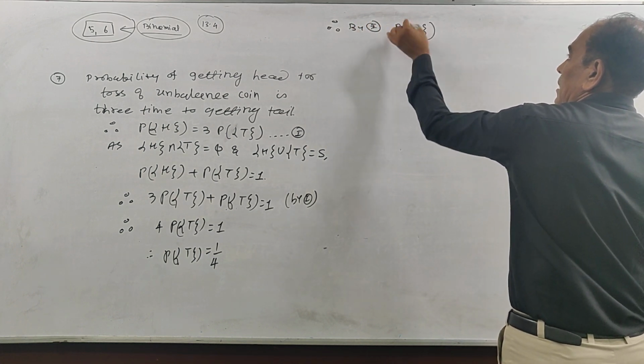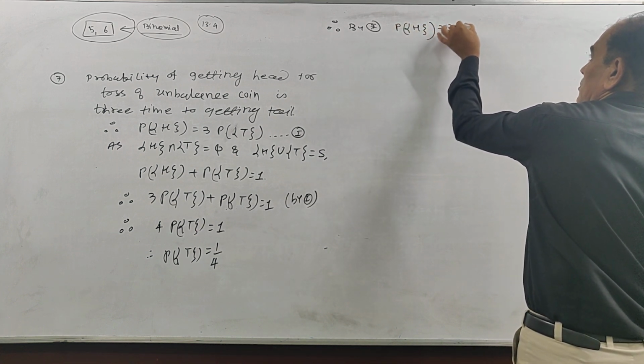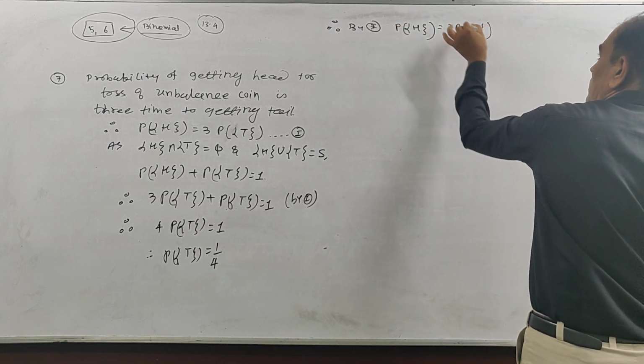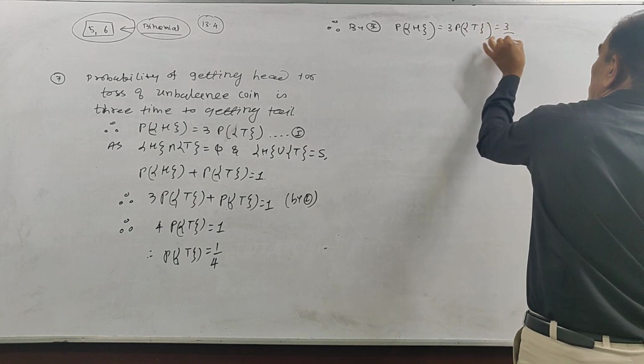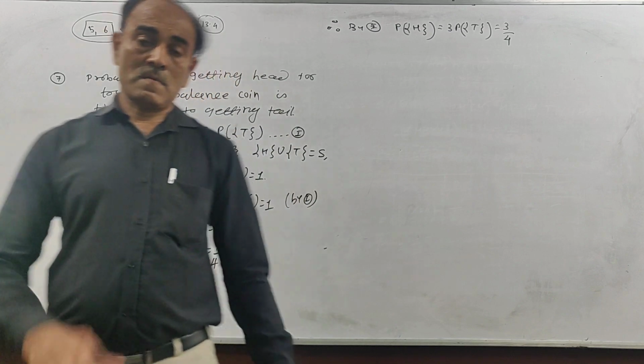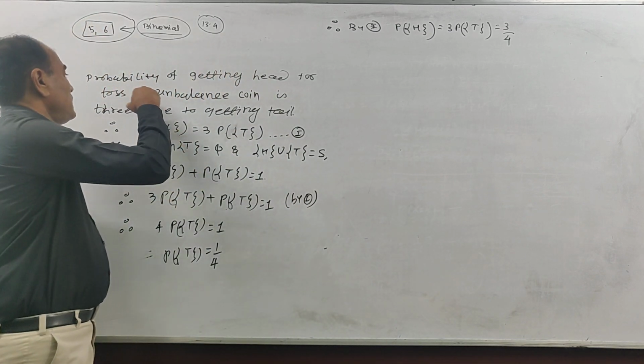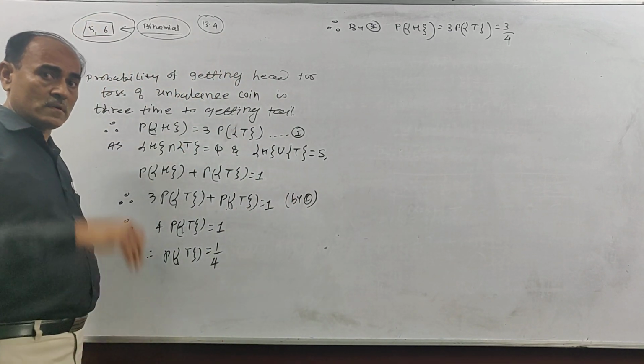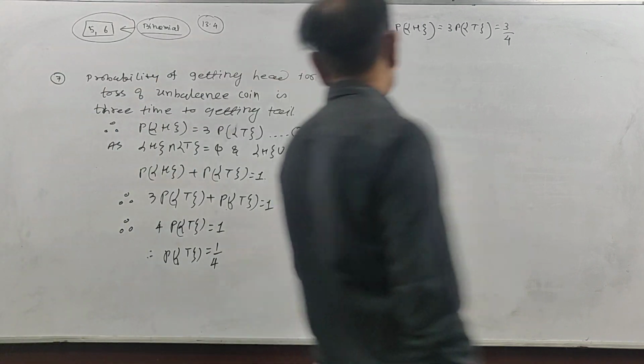What is P of H? 3 times P of T, which is nothing but 3 by 4. Now the unbalanced coin is tossed 2 times.